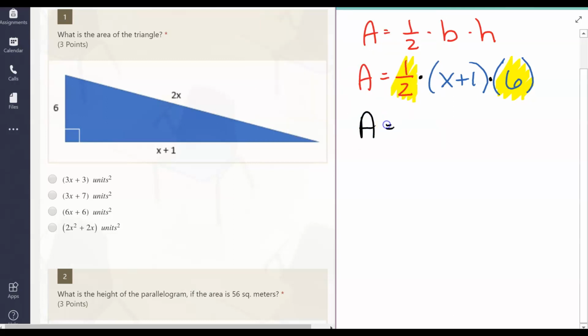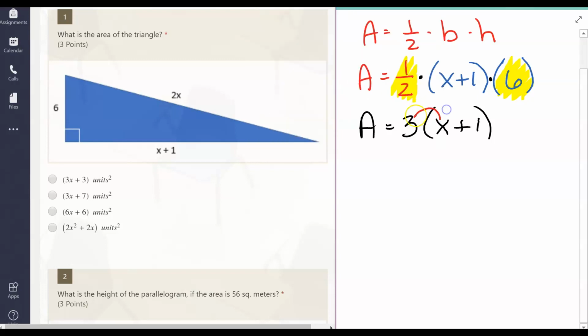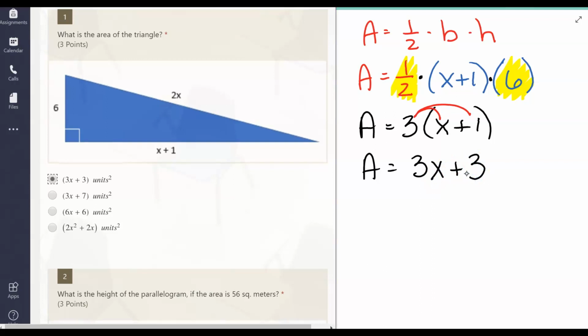So I have the area is equal to 3 times x plus 1. I'm going to distribute that 3 at this point, and I get that my area is 3 times x plus 3 times 1. So that's where this result comes from.